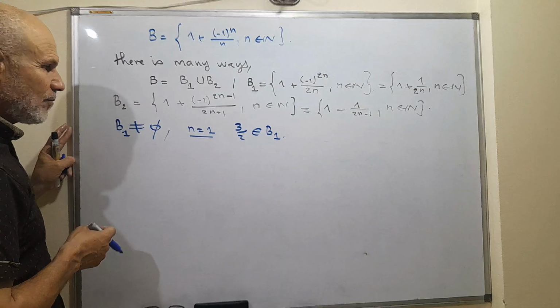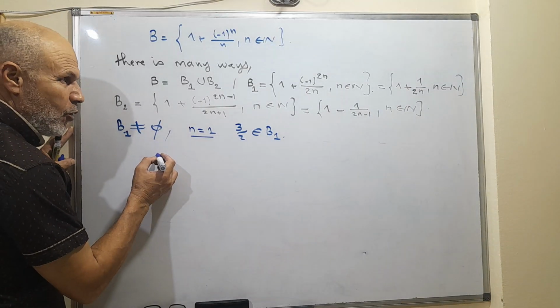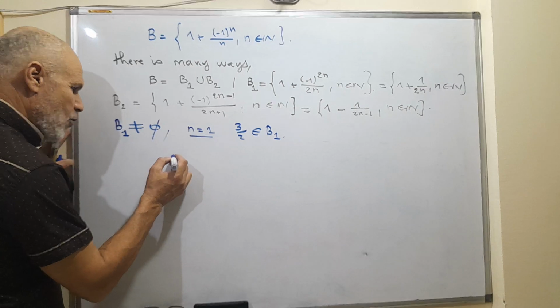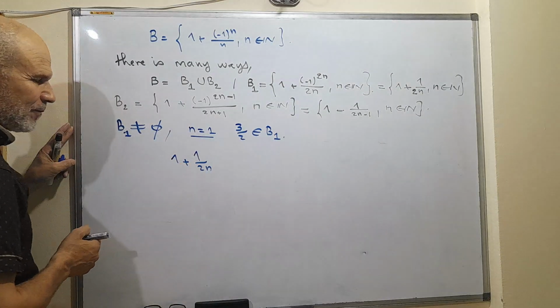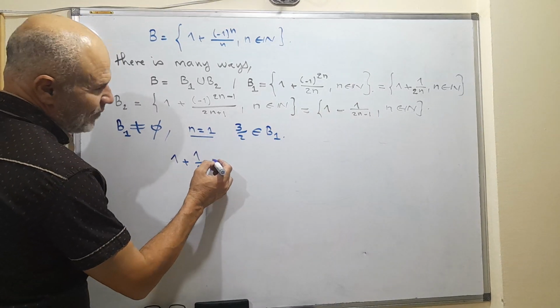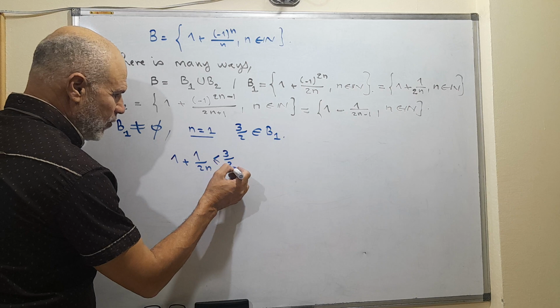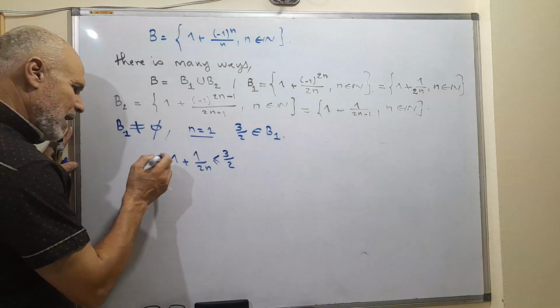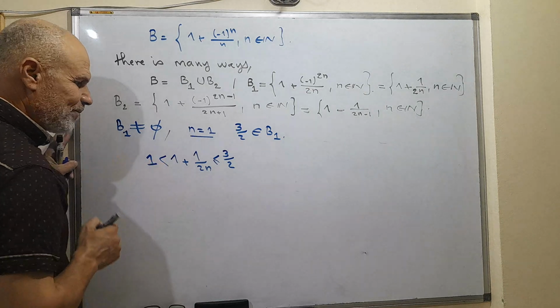Secondly, 1 plus 1 over 2n is less than or equal to 3 over 2, and this is strictly greater than 1.